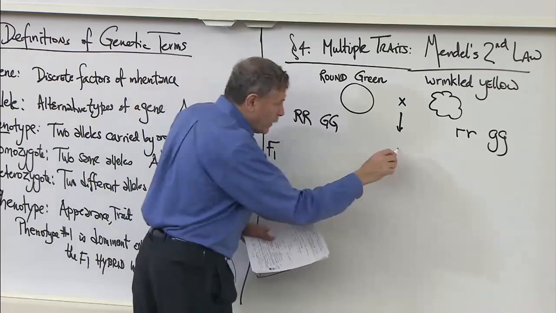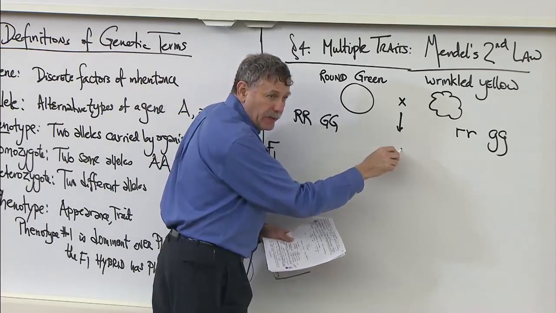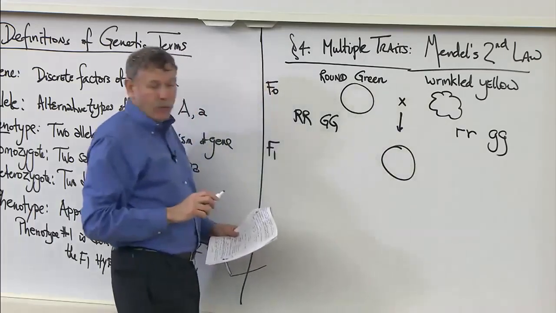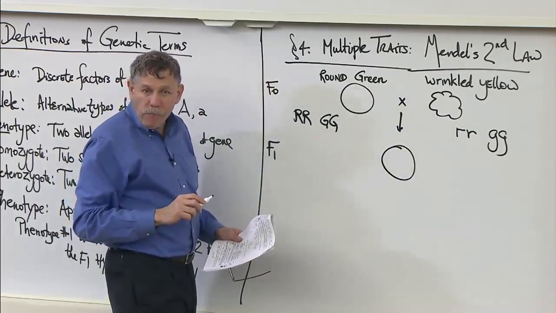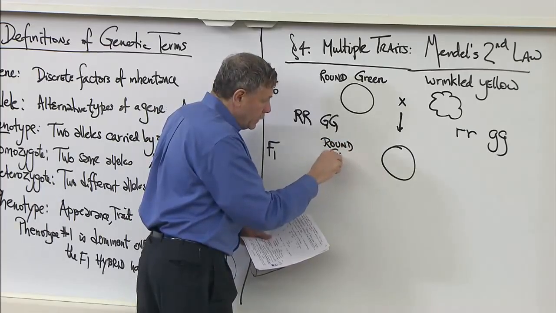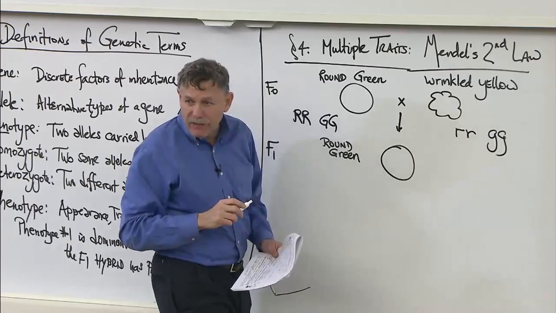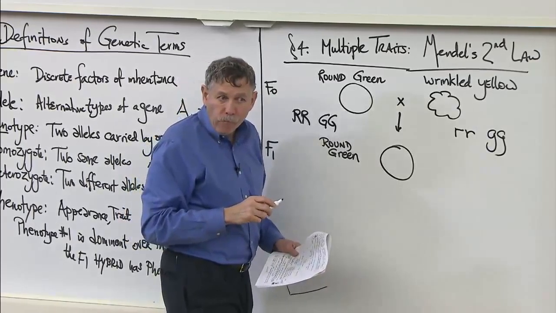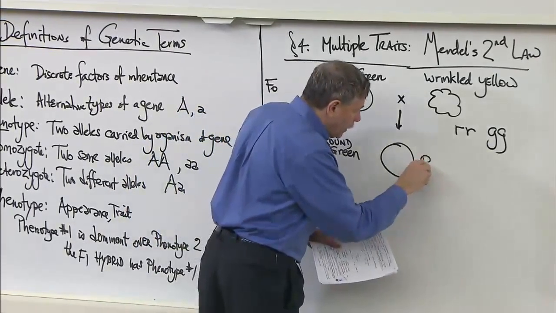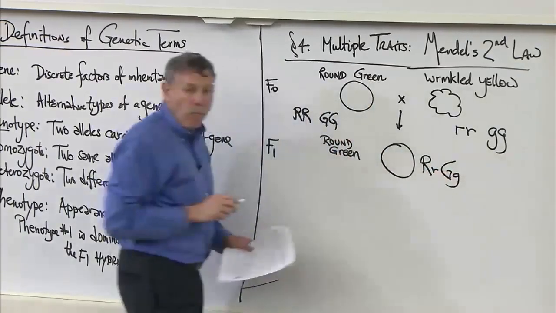In the F1, so this was our F0 generation. In the F1 generation, what are we going to see? Phenotypically, what do we see? What's the phenotype of the F1 generation? Round and green, because both of those were dominant traits. But what's the genotype of the F1 generation? Big R, little r, big G, little g.